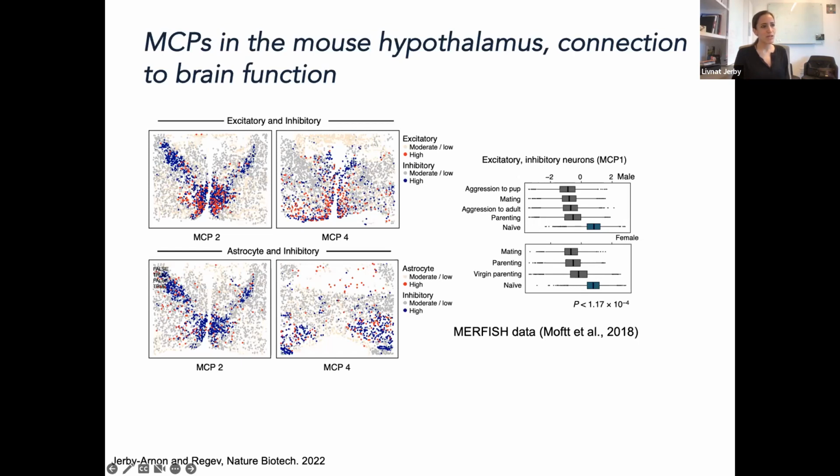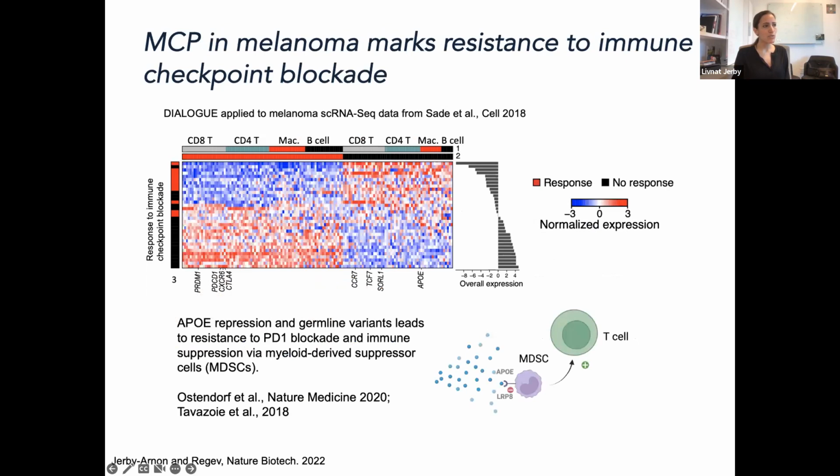But this encouraged us to look more broadly at this property. We started applying DIALOGUE to different single cell data sets, so I want to show you a few examples that demonstrate its value in this context.